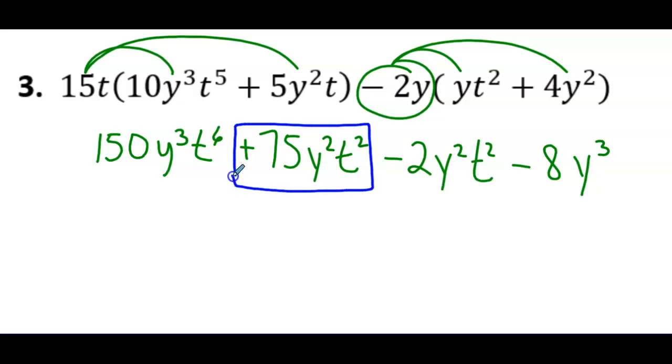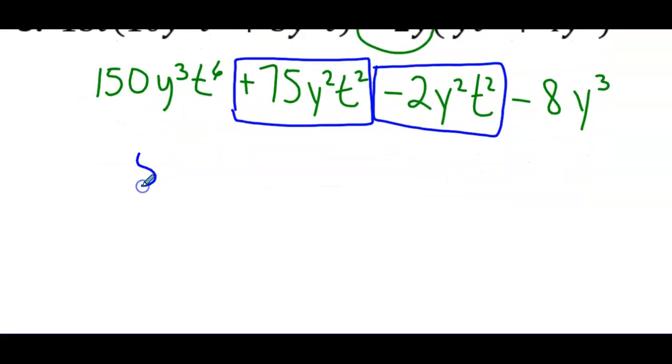So I am adding together, I'm always adding in this step, my positive 75y squared t squared plus my negative 2y squared t squared. So I'm going to get a final answer of this 150 comes down, y cubed t to the 6th.